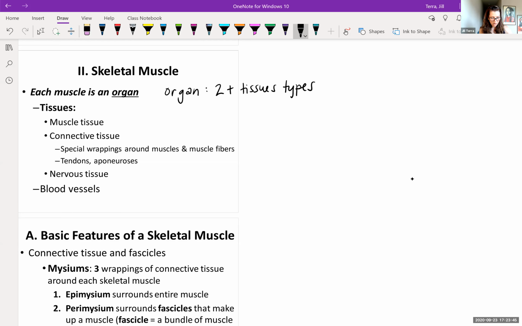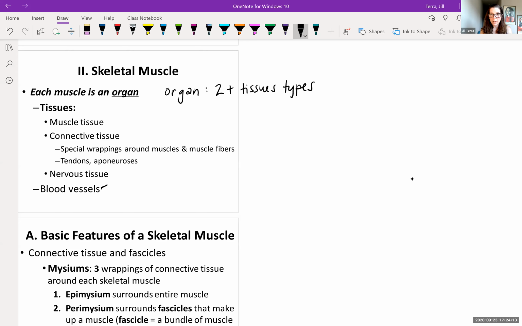And so as we're seeing here, there are 3 out of 4 of the tissue types, and we can even count the 4th, epithelial tissue, the lining of the blood vessels on the surface of it that are supplying our raw muscles. So 4 out of 4 are associated with muscle.